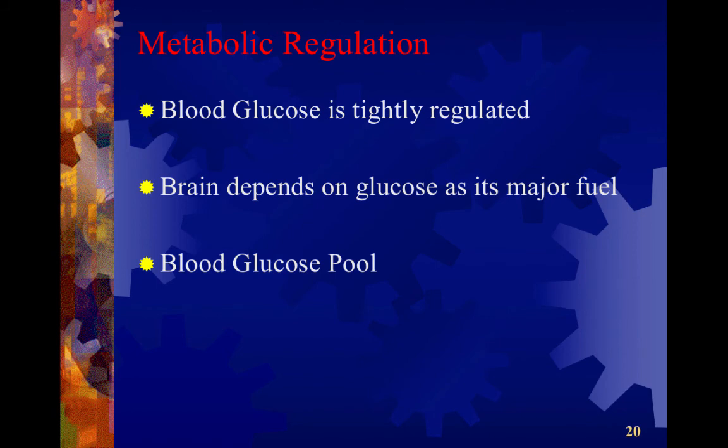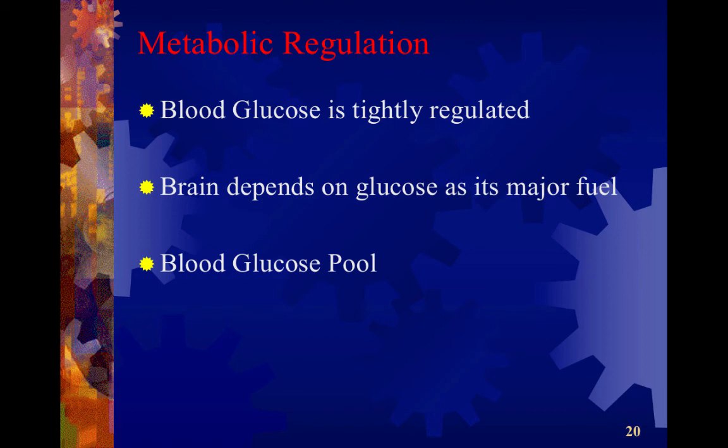The fasting blood glucose concentration is typically 70 to 110 milligrams per deciliter.